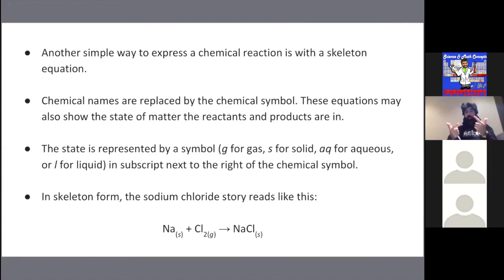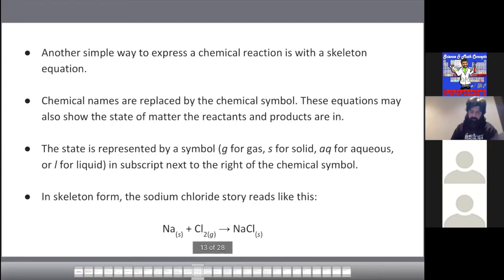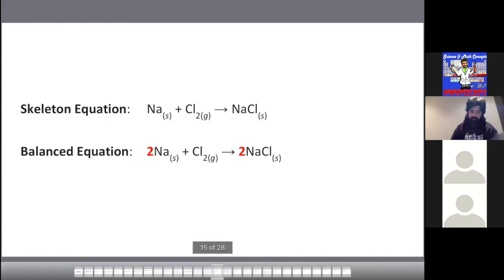Notice that none of the atoms have disappeared. Here is an example of a balanced equation. The top one is our skeleton equation before we balance it. The bottom one is where we've actually put the numbers to balance this equation.